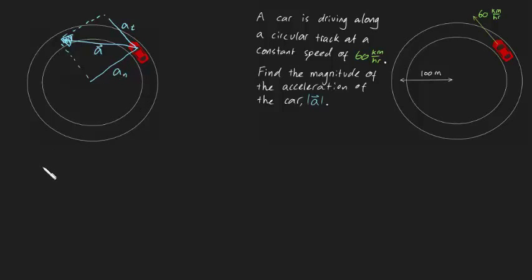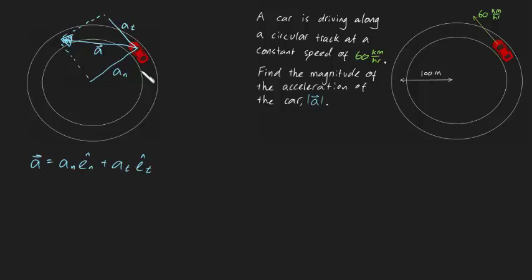Now, what is an and at? Well, fortunately, we've got mathematical equations to use. We know that our acceleration vector can be written as an en plus at et, where en and et are what mathematicians call unit vectors. You don't need to know that, but just know that these are unit vectors and they just denote direction. An is the magnitude of our acceleration in the normal direction.